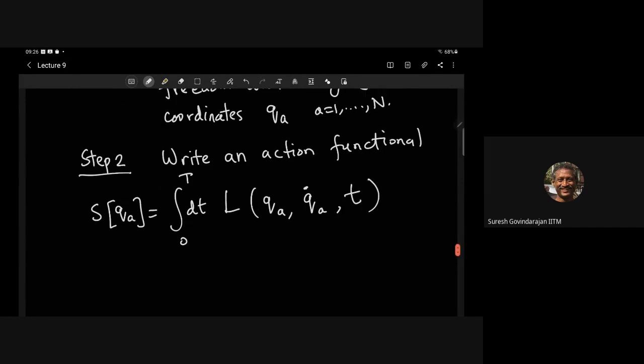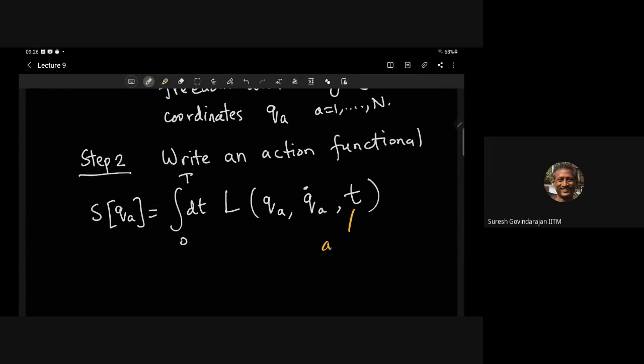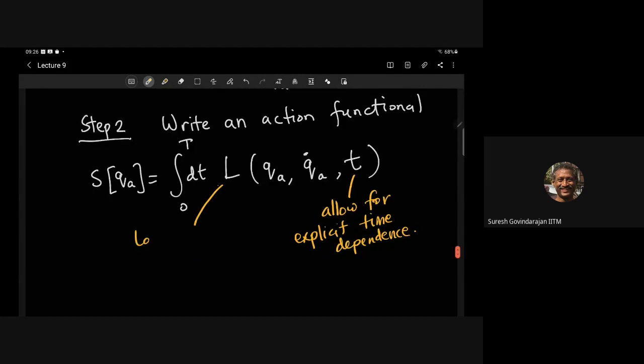Okay, so even allow for time dependence. Okay. So the cleverness goes into this, this is the Lagrangian.